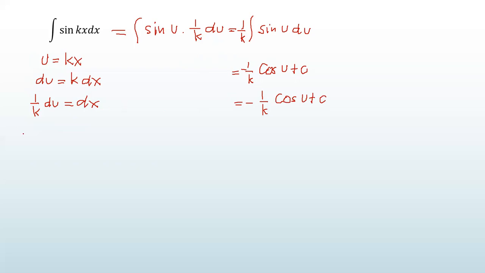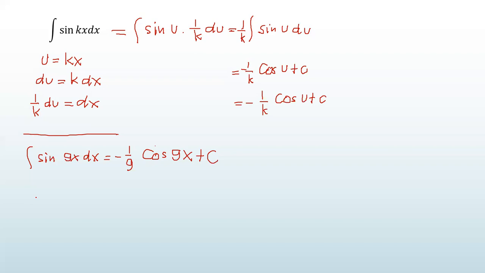Yep, that one. For example, if you have the integral of sine 9x dx, according to this outcome, you may write the solution as negative 1 over 9 cosine 9x plus c.